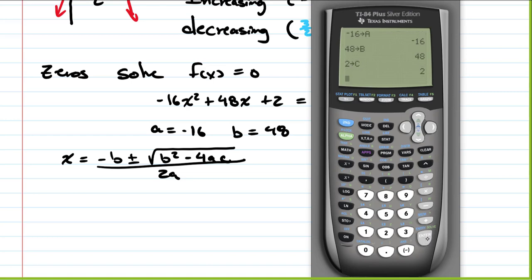So then in my quadratic formula, I'm going to go alpha y equals, grab my fraction, I go negative b, I'll do the positive one first, plus the square root of b squared minus 4 times a times c, all over 2 times a.